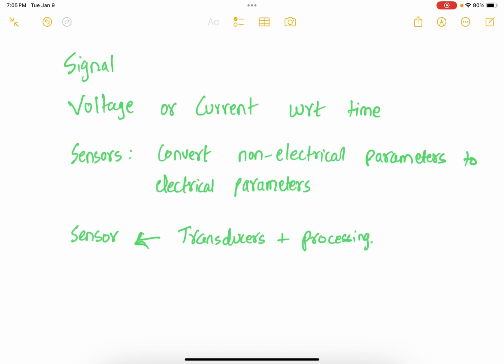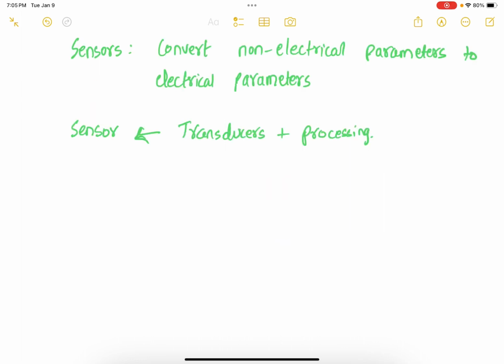Normally, an analog signal can take any value within a given limit at different instances of time. So this is how an analog signal looks like. On my x-axis, I have time, and on my y-axis, I have amplitude. So my amplitude goes from 0 to A max.